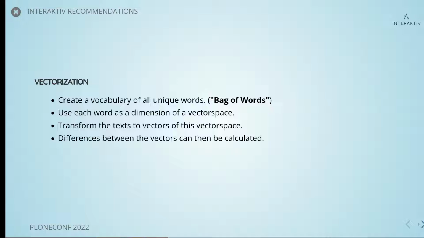First, we create a vocabulary of all unique words, also known as a bag of words, and use each word as a dimension of a vector space. Then we can transform the text to vectors of this vector space and can then calculate differences between these vectors.